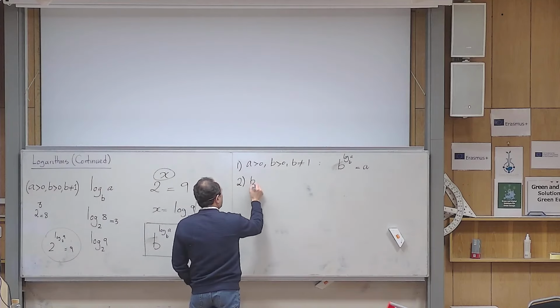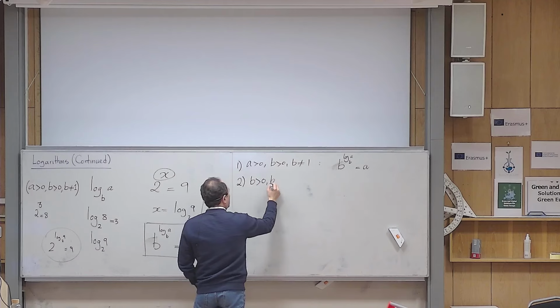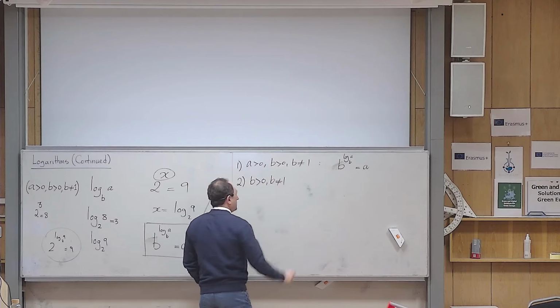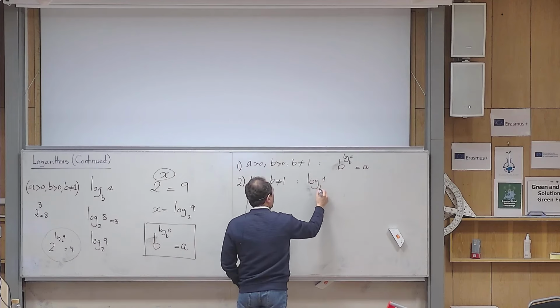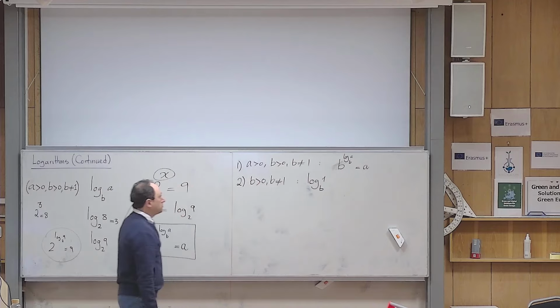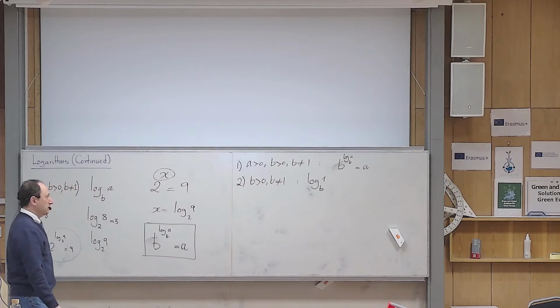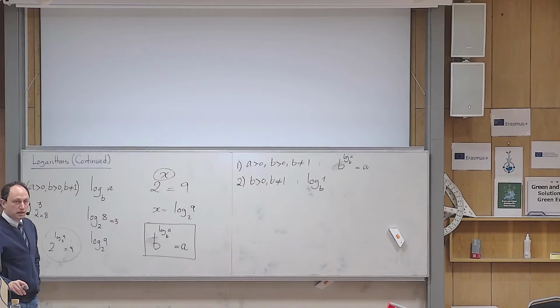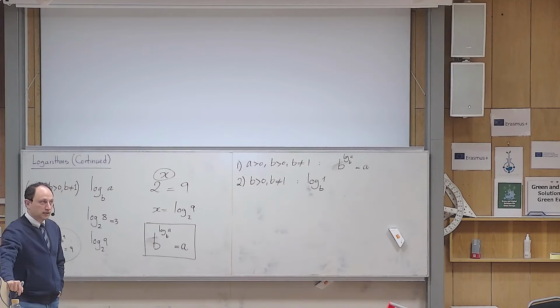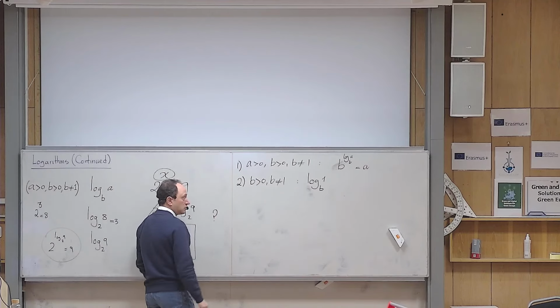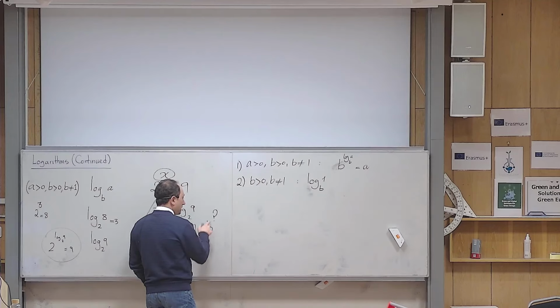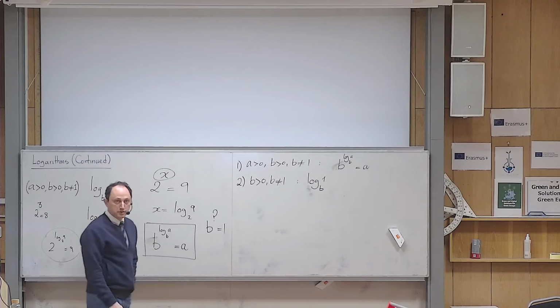If b is positive and b is not equal to 1, if someone tells me what is logarithm of 1 to the base b, you need to remember these formulas. So logarithm of 1 to any base, what is that? It is asking you, give me a number so that when b is raised to that number, the answer becomes 1.